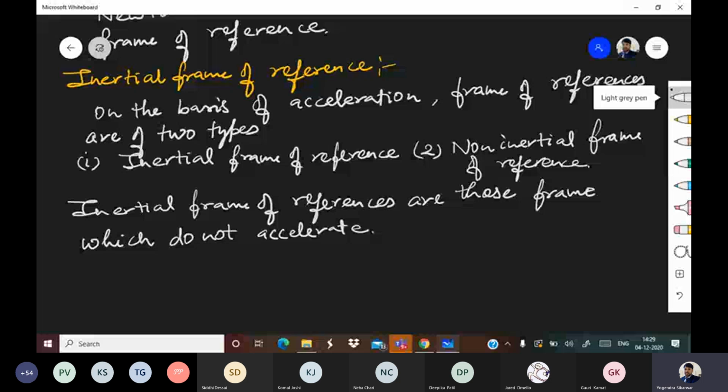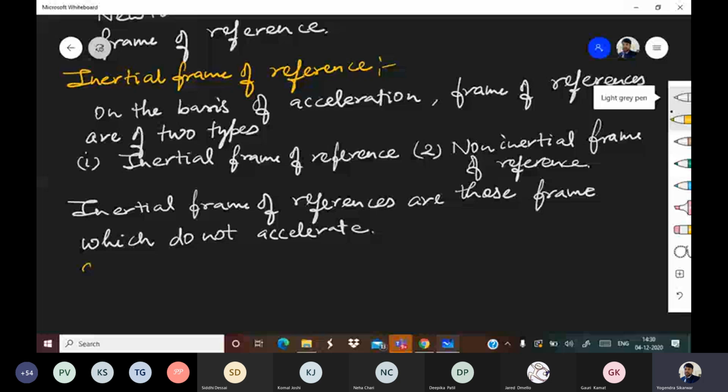A frame of reference which is at rest or moving with constant velocity is an inertial frame.